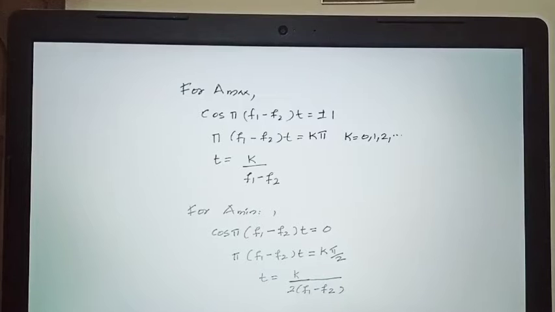Zero amplitude points are called nodes, and high amplitude points are called antinodes. All these we have already discussed. So we can go to the condition, or how you can represent graphically the stationary wave formed due to reflection of a progressive wave.